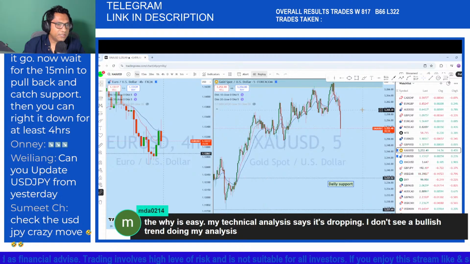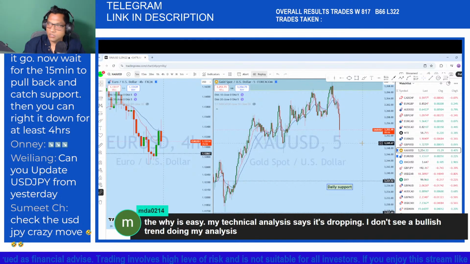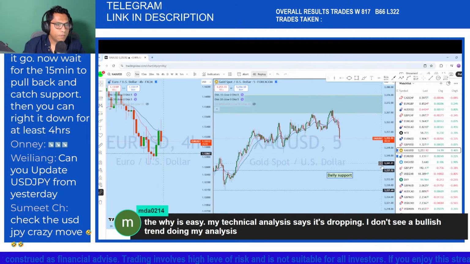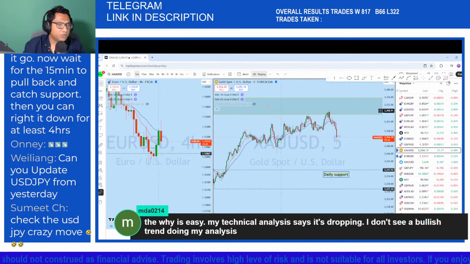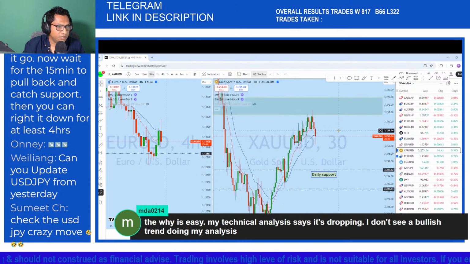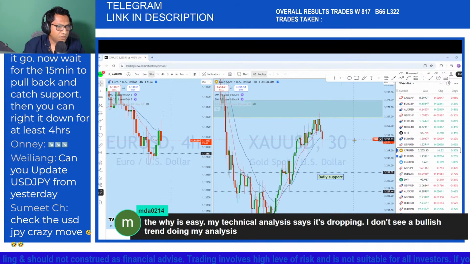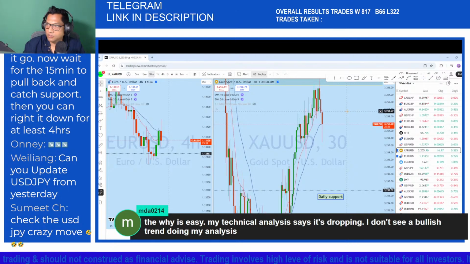Now, as you can see, there is a significant drop here. The key is to look at whether this market is coming down further or moving back again to the major direction of the trend.